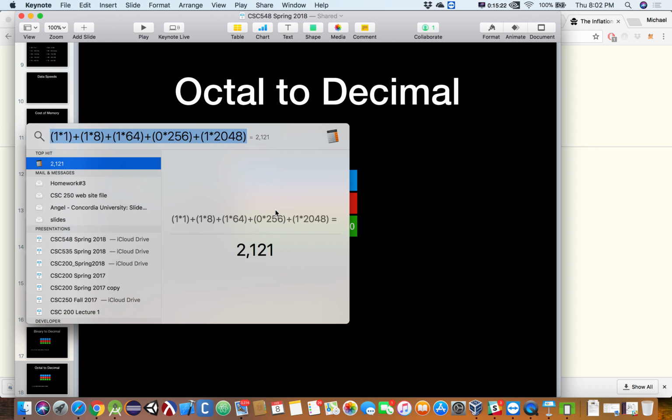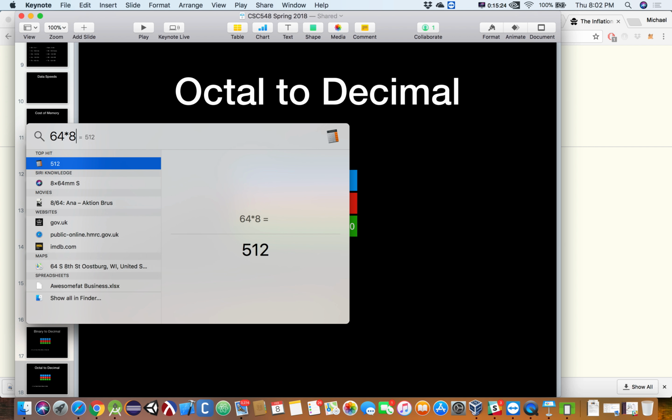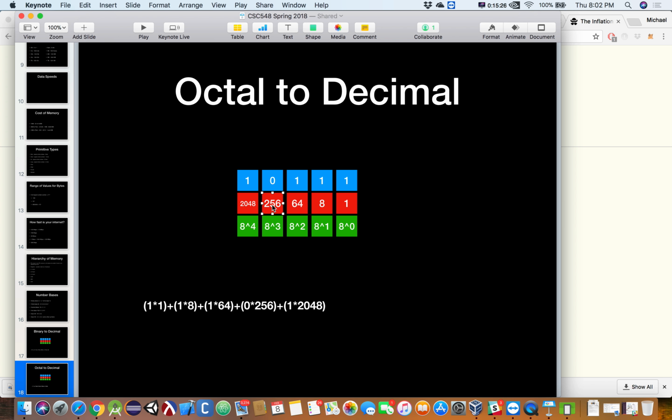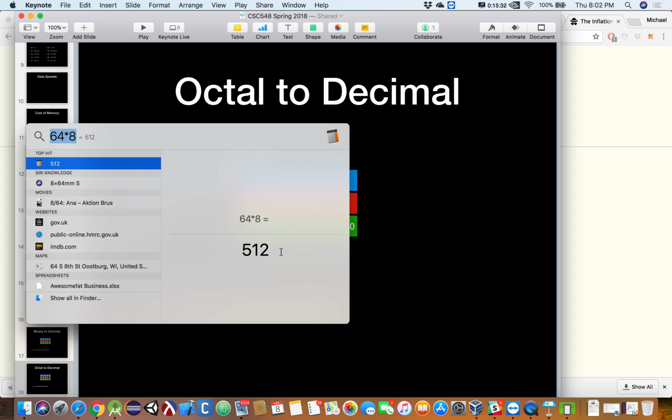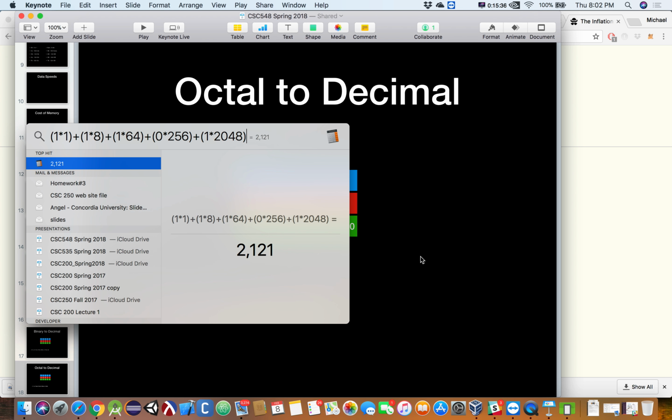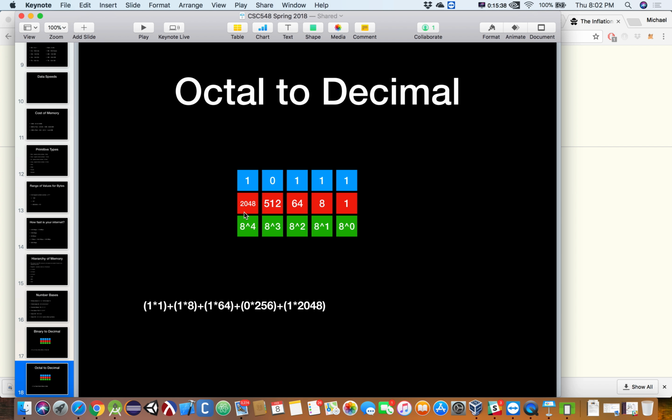64 times 8 is 512. Yeah, it is. So this is not the 256 place. This is the 512 place. Doesn't change your output. 512 times 8 is 4096.